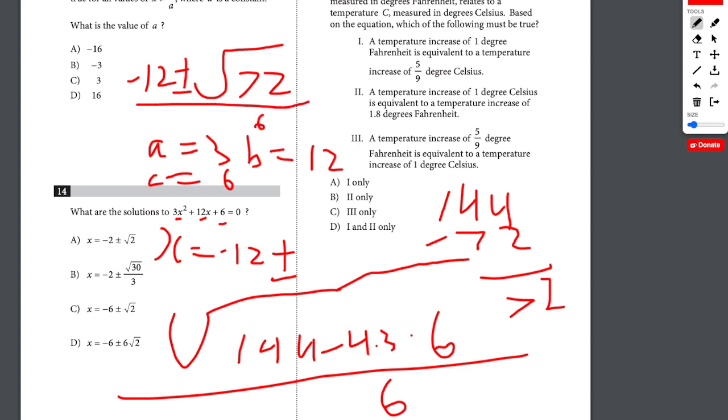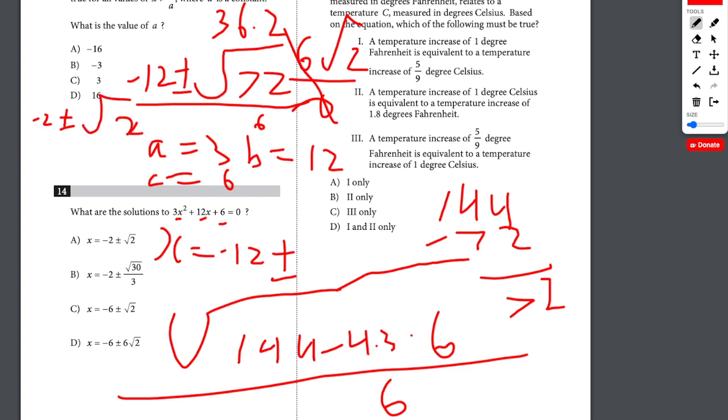Negative 12 over 6 is negative 2. And then we have plus or minus, what are some factors? 36 times 2. So that's 6 root 2. Plus or minus 6 root 2 over 6, so we divide by 6, and it's just root 2. So it's negative 2 plus or minus root 2. Go to answer choice A.